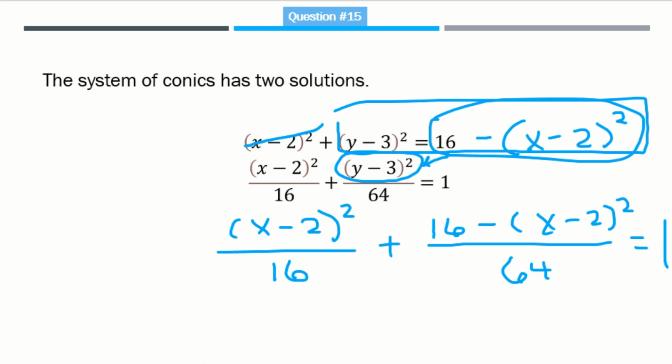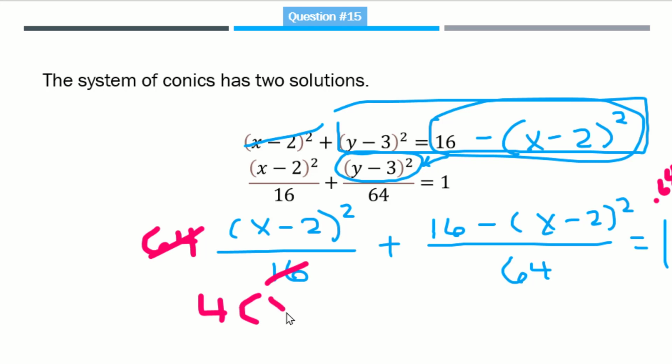Alright, now what I want to do is, again, there's different approaches, but this is just what I would do. I'm going to multiply every term by 64 on the left and on the right. So 16 goes into 64 4 times.